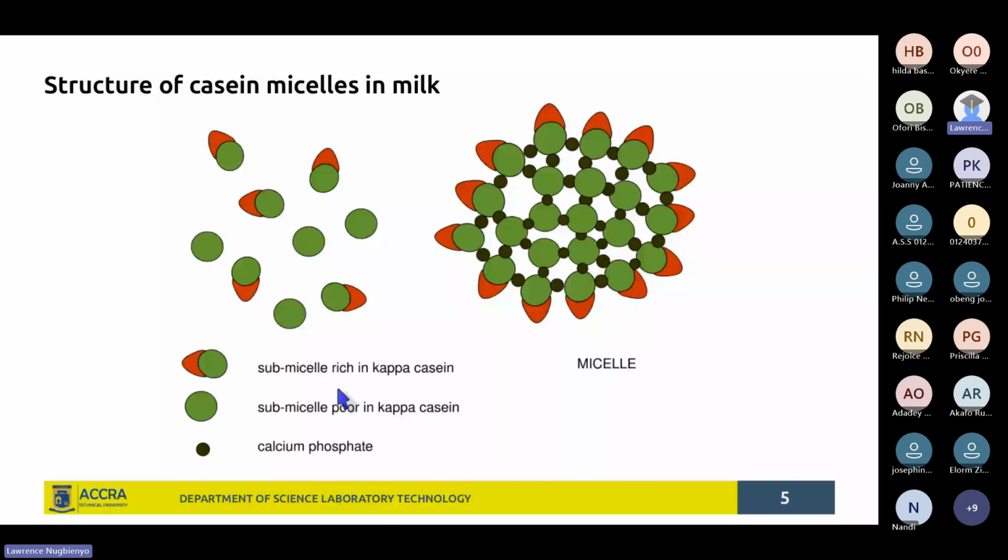So casein is that major protein in milk. Now, what you see is that the casein is hydrophobic, which is to say it's not soluble in an aqueous environment.